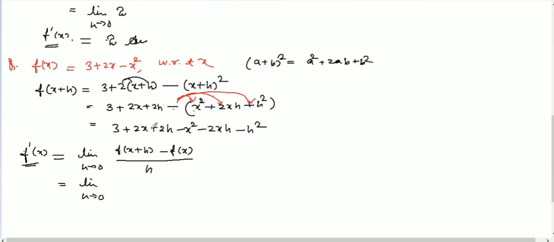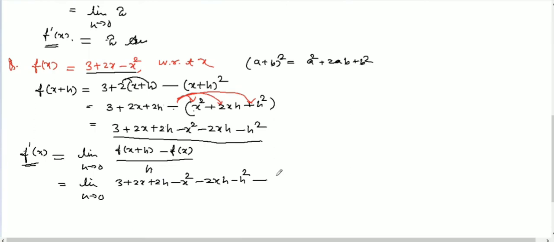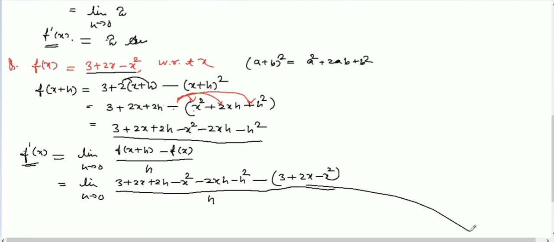In place of f of x plus h, we have to write this one: 3 plus 2x plus 2h minus x square minus 2xh minus h square, minus we have to write f of x. So f of x is our function. Write it inside the bracket because this is a minus sign, otherwise we will make mistakes. 3 plus 2x minus x square over h.